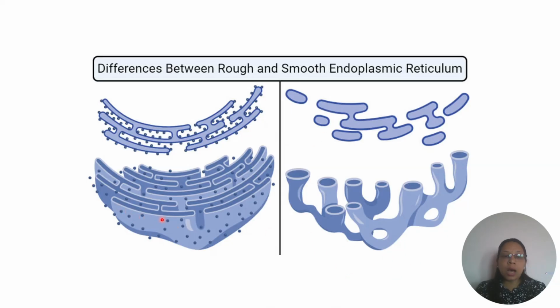Next, RER mainly shows cisternae kind of structures. See here, all cisternae, flat structures in rough endoplasmic reticulum, whereas smooth endoplasmic reticulum shows tubular structures.